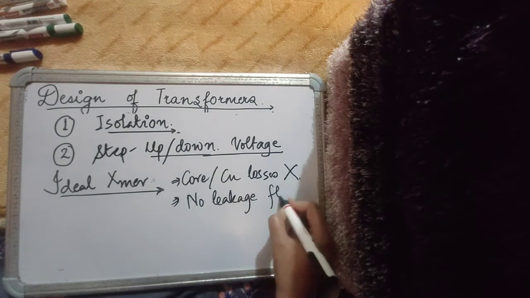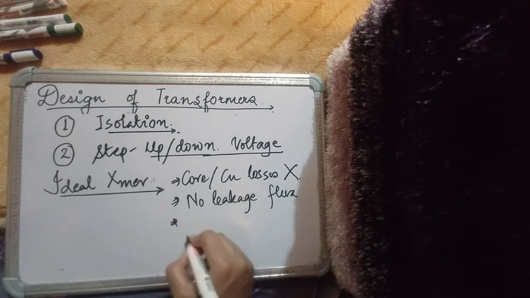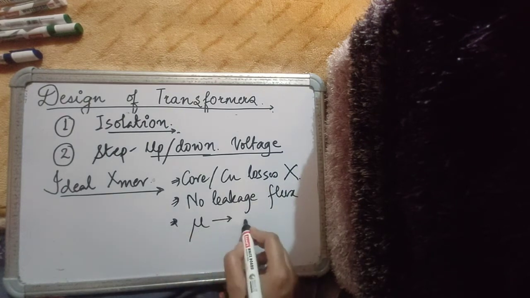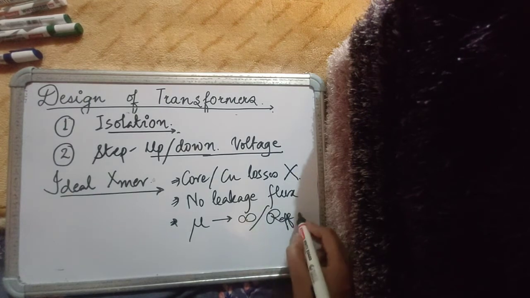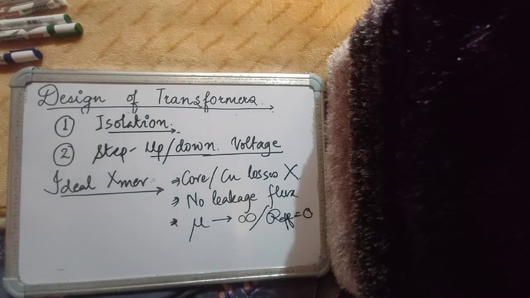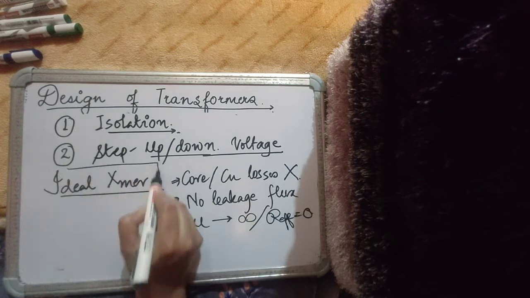There is no leakage flux. We also assume that the relative permeability of the core tends to infinity, or you can say that the effective reluctance of the core is 0. And basically we are just ignoring or neglecting any kind of magnetic or electrical losses when we are considering an ideal transformer.